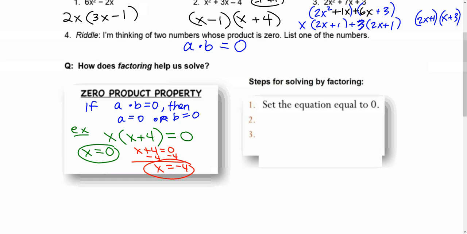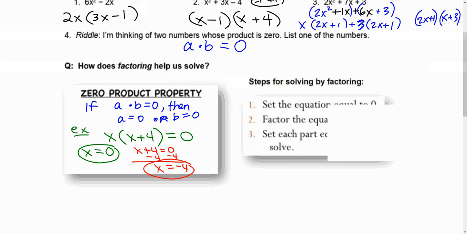You may or may not see problems that are already equal to 0, but if they're not, just move everything to one side, then it will equal 0. Second, factor. Third, set each part equal to 0, and then solve for each x.